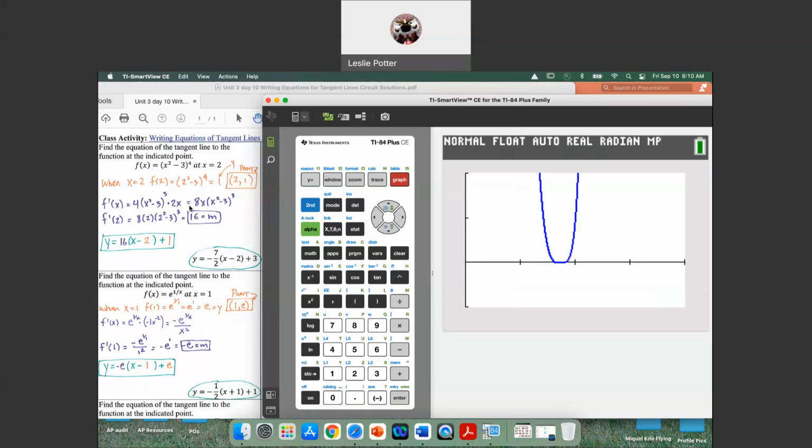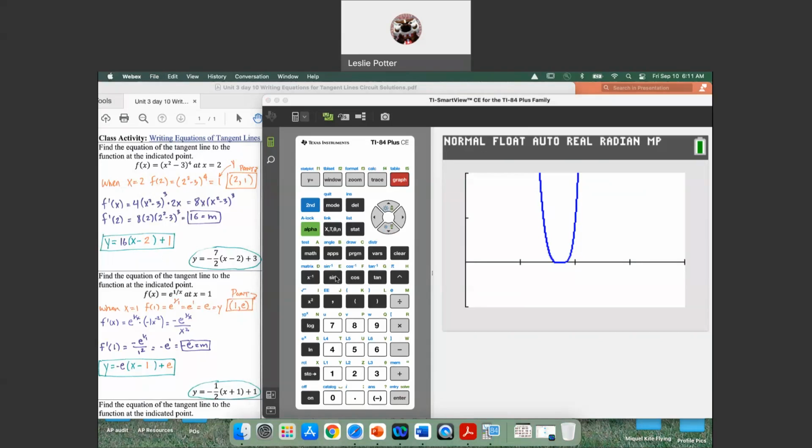And when I plug in the x coordinate of 2, then I get a slope, or a derivative, of 16. So using that slope point form that you can find in the anchor chart in the front of the room, I wrote the equation for the tangent line in slope point form, 16 times quantity x minus 2 plus 1. That's how you would do it by hand.